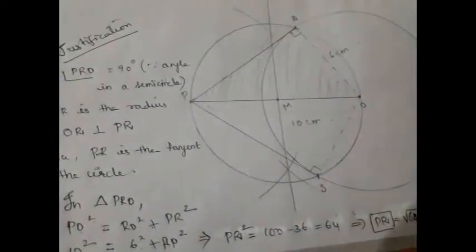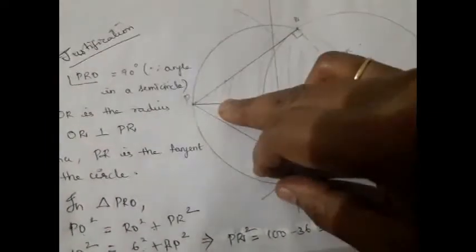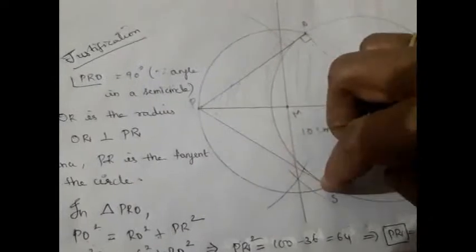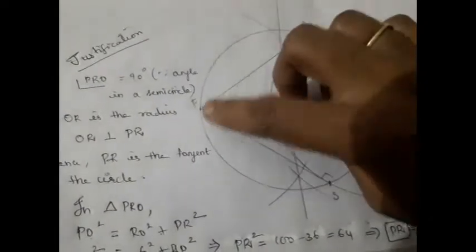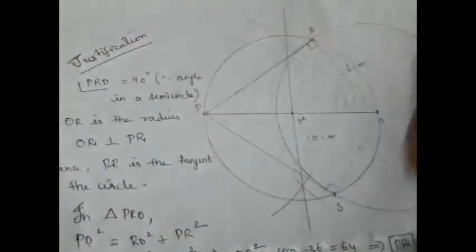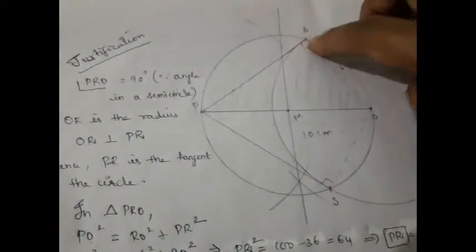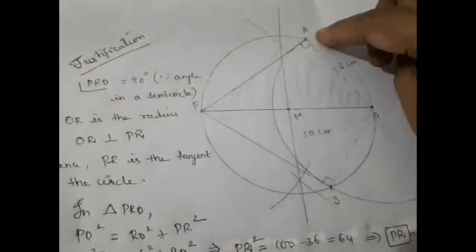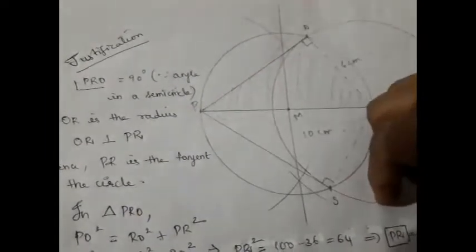You have to know where is the center and you should know where is the external point. Once you have identified the center of a circle and the external point, what you should do? Join the external point with the center, draw the perpendicular bisector for this, taking the midpoint and one end point as the radius, draw one circle. Where the circle intersects will be the point of contact of the tangent. So join that external point and the point of contacts.